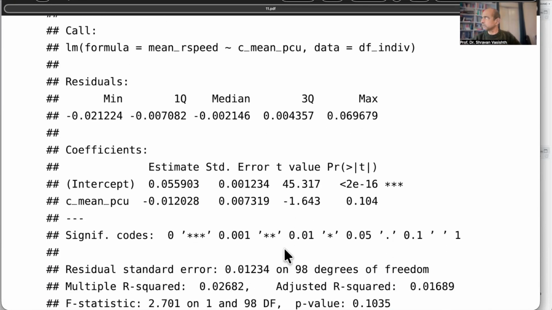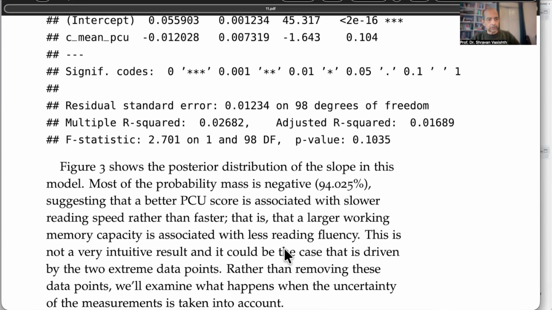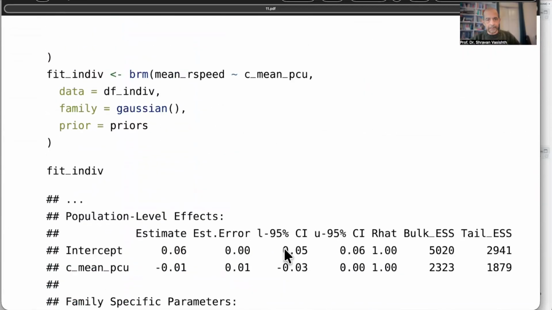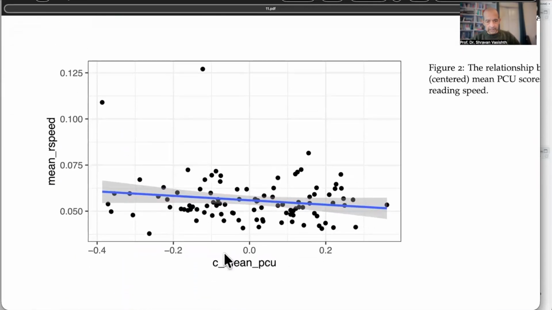Is that correct? Yeah, right? So that's the expected pattern, I think, as the memory capacity goes up, people get... is that correct actually? Speed is higher. Speed should be going up actually. So speed is going slightly downward. So that's unexpected. I'm sorry about that.